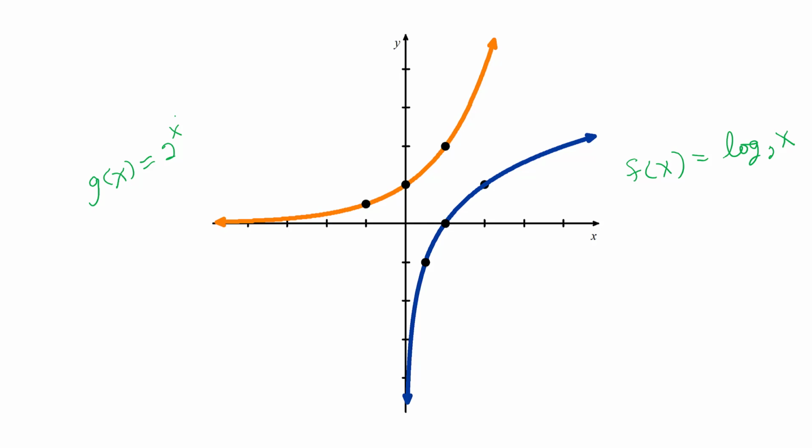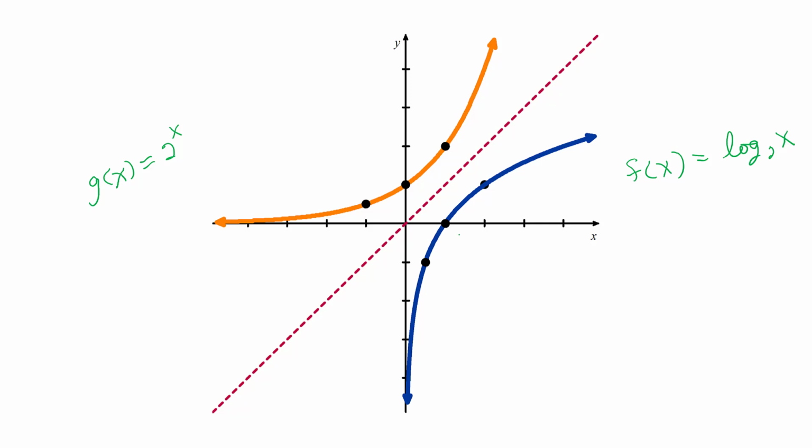First, you will note that each of these is a one-to-one function, which should tell us these functions might have an inverse. And in fact, the two functions are inverses of each other. And we can tell that graphically by looking at the line y equals x and noting that the graphs of the two functions are symmetric about the line y equals x.